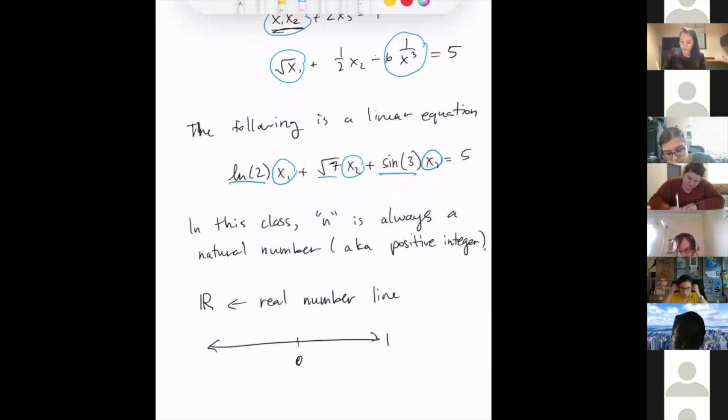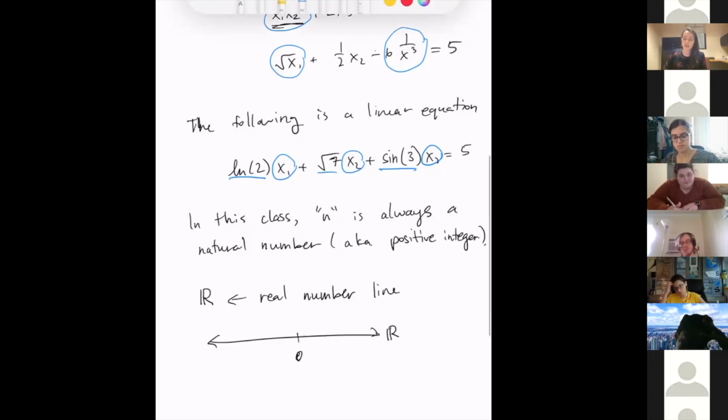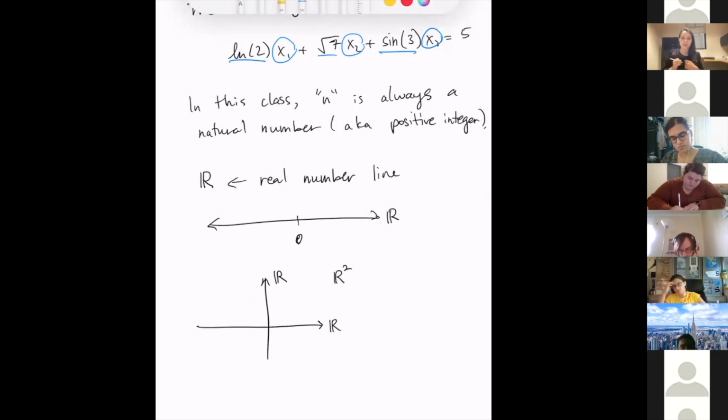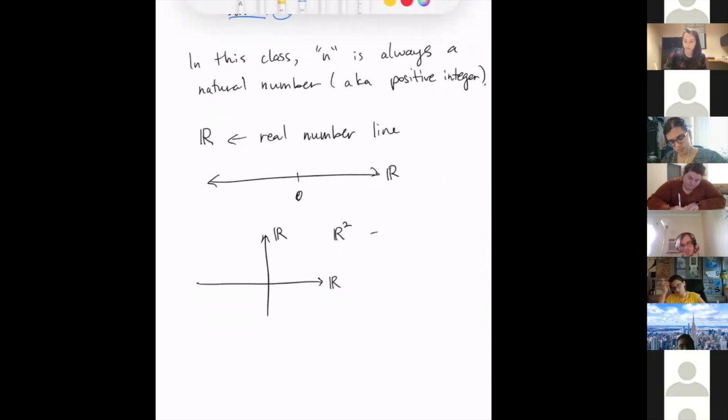And then we also have the Euclidean plane. In this class, you can think of this as two copies of R, one being your first axis and another on your second axis. The notation that we use for this is R2. This is the Euclidean plane.